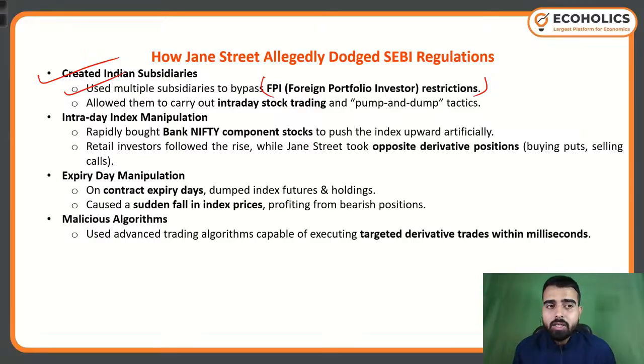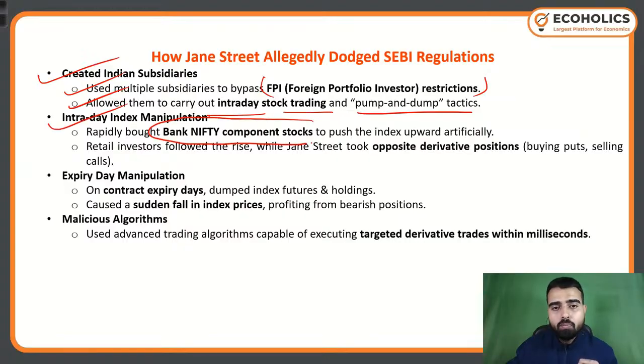So they bypassed it. They opened the Indian subsidiaries, and via those subsidiaries, they started participating in intraday trading. Okay? And these subsidiaries allowed them to carry out intraday stock trading and pump and dump tactics. And this is how they rapidly bought the Nifty and Bank Nifty component stocks to push the index upward artificially.